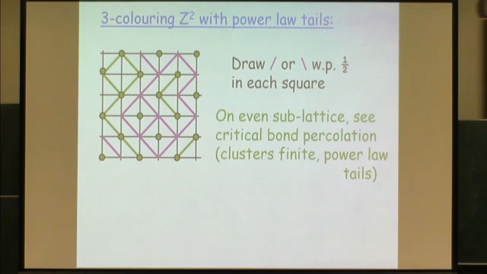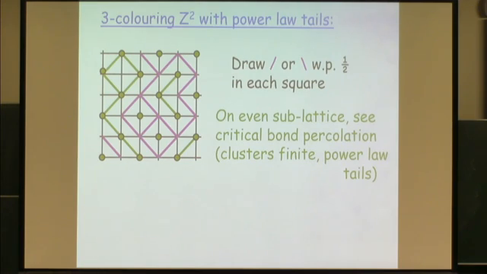If you look at the even sublattice of Z2, so you just look at every other vertex and look at the diagonals that are incident to these vertices, then for any 2 diagonally adjacent green vertices, either you have the diagonal joining them or you don't, with probability half. So the green picture is simply bond percolation on a rotated lattice with p equals a half.